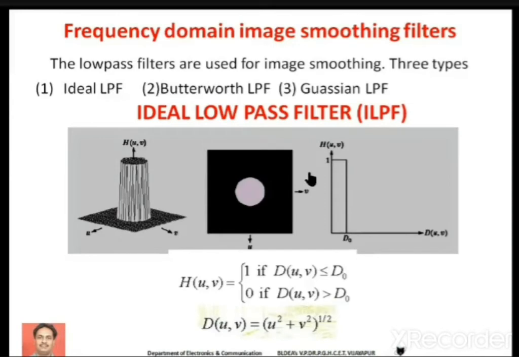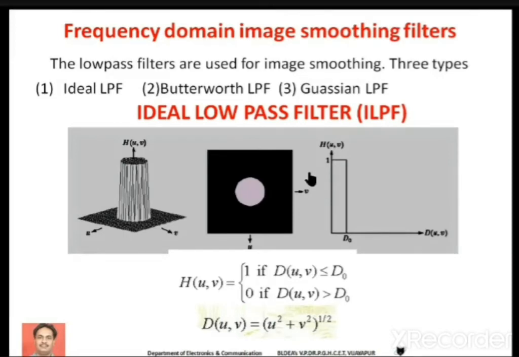It is mainly used for filling up the gaps between lines and curves. However, the sharpening operation is used to highlight the edges of the image.